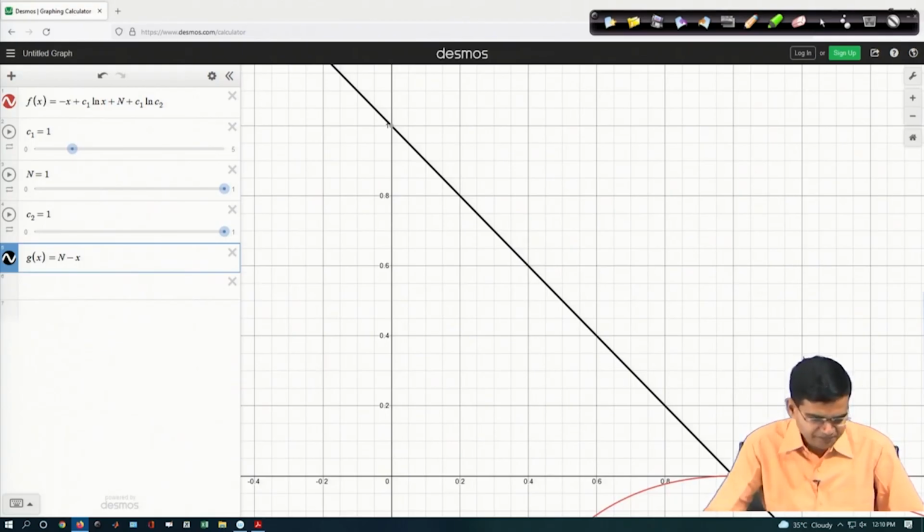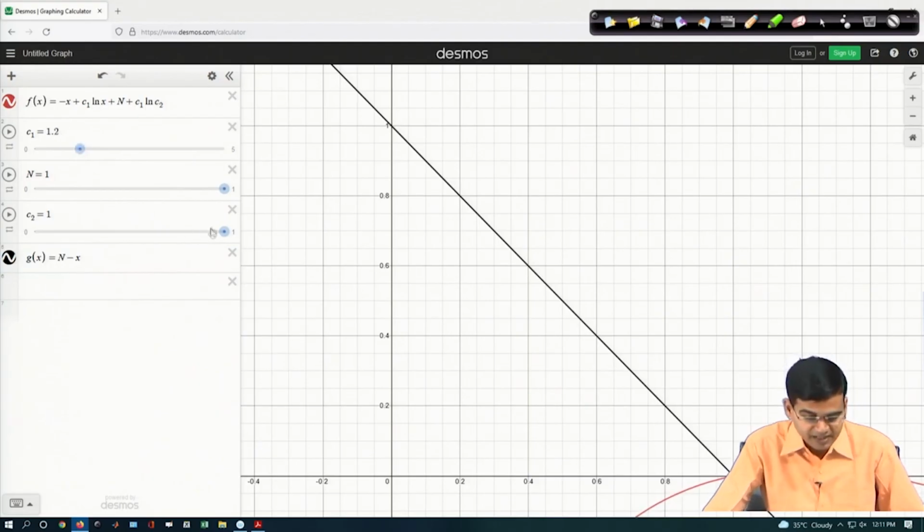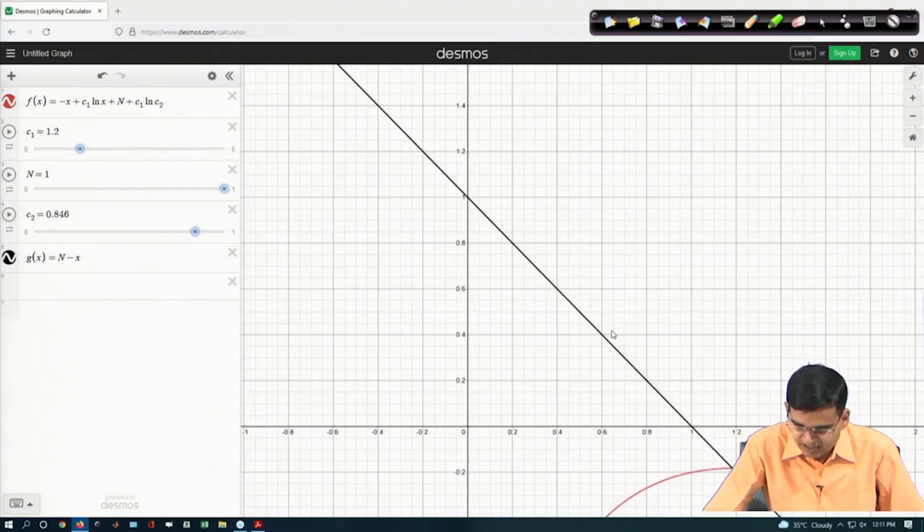Fine. So, what do I need to do? Let me make the A by R ratio 1.2, greater than 1, and let me reduce the number of infectives. Again, I do not see any solution.